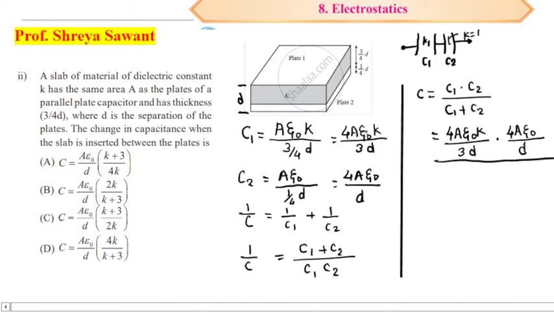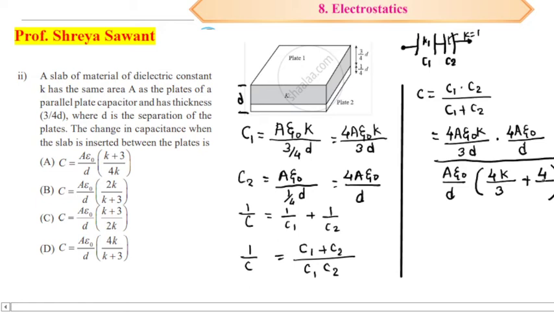Here A epsilon 0 upon D is common, so taking it out, inside the bracket we have 4K upon 3 plus 4.